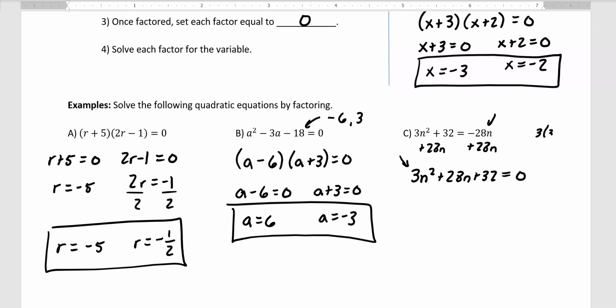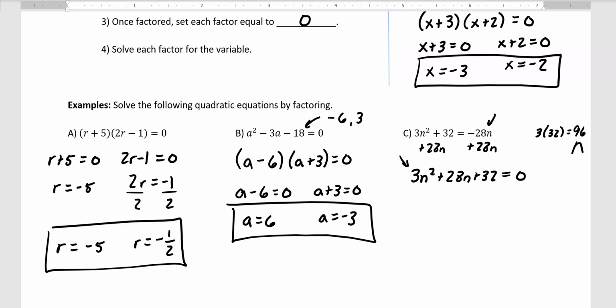I'd say 3 times 32 equals what, 96? So I need factors of 96 that add up to 28. Whew, all right. There are lots of factors of 96 actually, and this is the part that will take time, right?